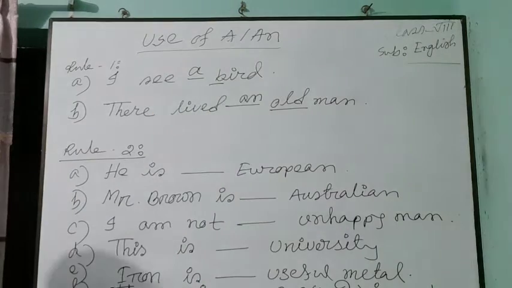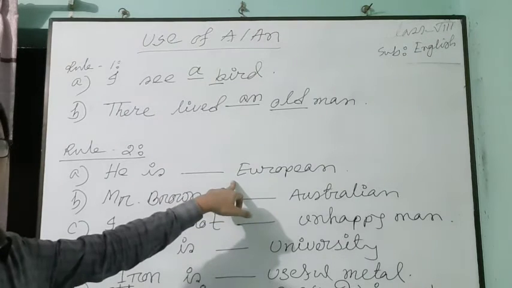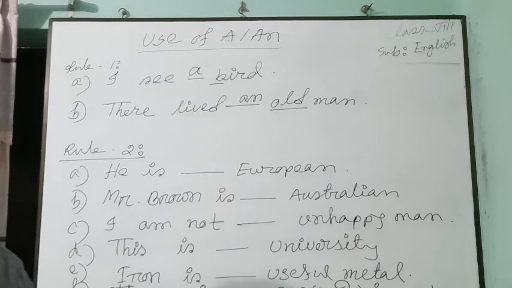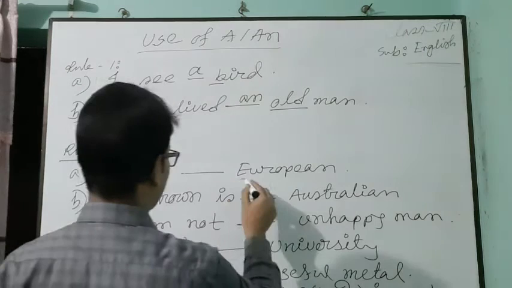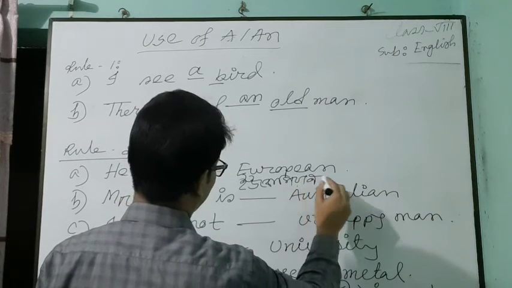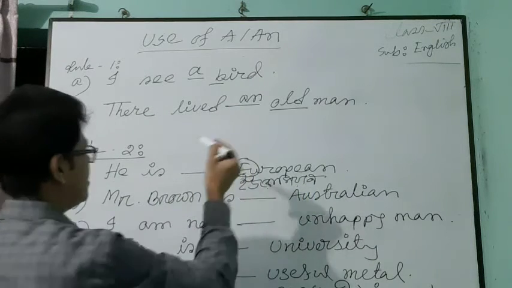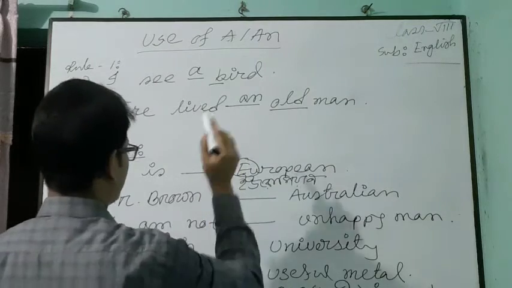Rule 2: a is used before a vowel if the vowel sounds as u. A can be used before a vowel if the vowel sounds as u. Here European indicates that the u sounds as u. If a vowel sounds as u, we should put a before such words: a European.